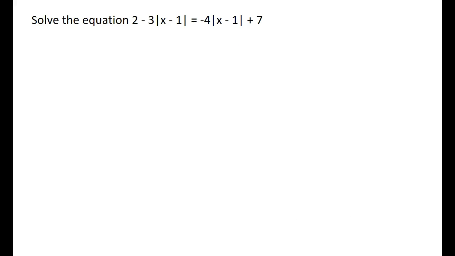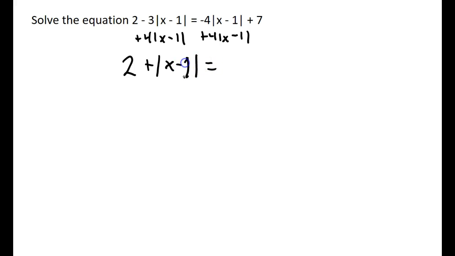Alright, so here we have absolute values on either side, and they're the same one, the absolute value of x minus 1. So I'm going to add 4 of them to both sides. So I've got 2 plus the absolute value of x minus 1 equals 7.